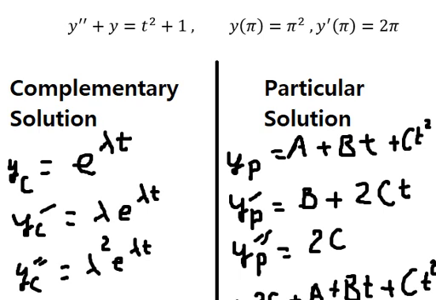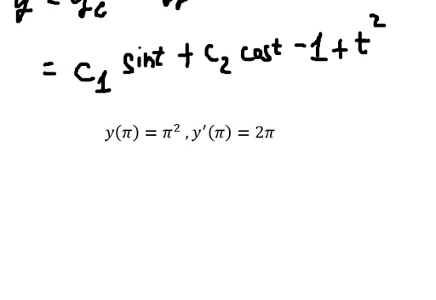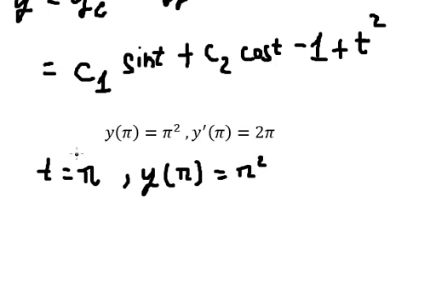So we have the conditions in here. When t equals pi, y equals pi squared. So I will substitute pi into each term, and pi squared in here. So we have like this.